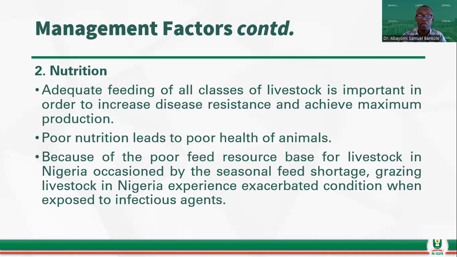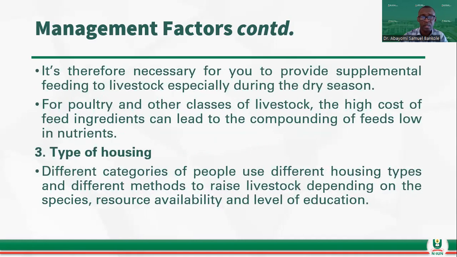Now, because of the poor feed resource base for livestock in Nigeria, caused by the seasonal feed shortage, grazing livestock in Nigeria experience an exacerbated situation when exposed to infectious agents. It is therefore necessary for you to provide supplemental feeding to livestock, especially during the dry season.